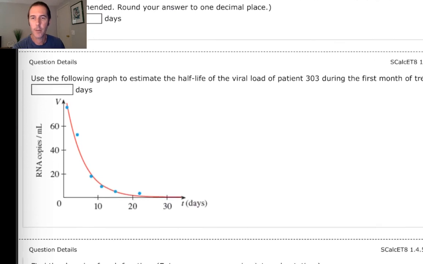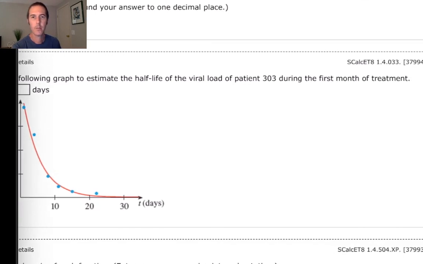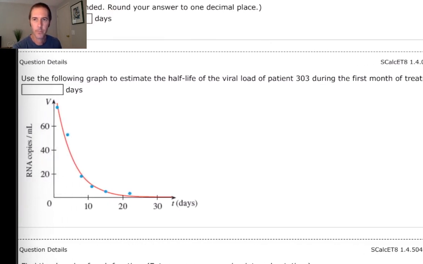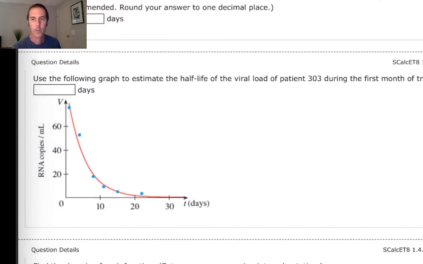Use the following graph to estimate the half-life of the viral load of patient 303 during the first month of treatment. The horizontal axis here is measured in days. RNA copies per milliliter is the vertical axis.